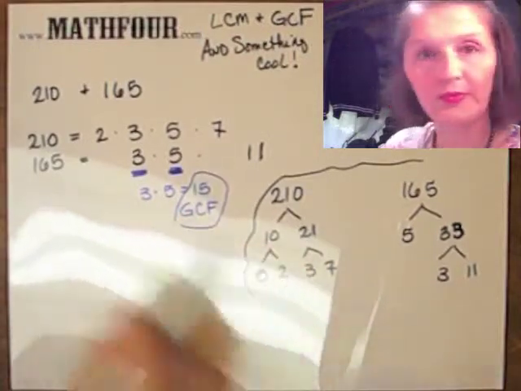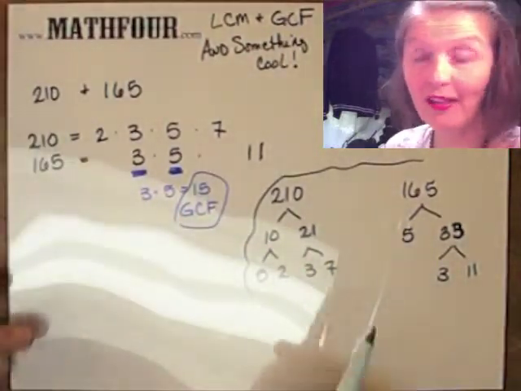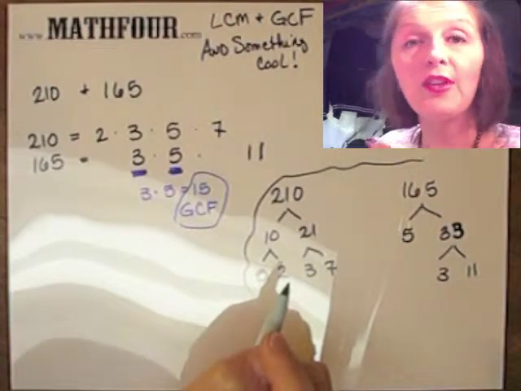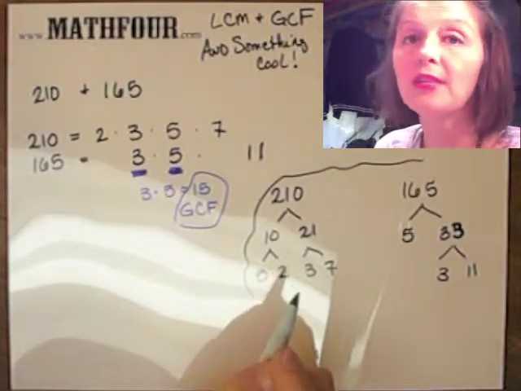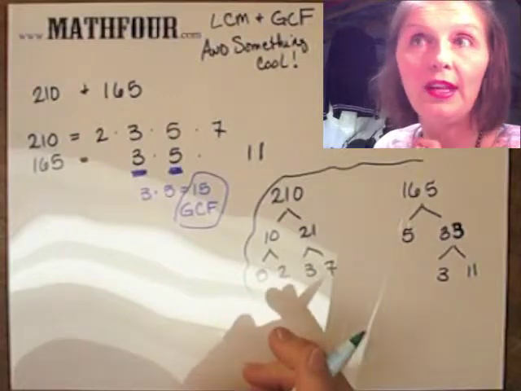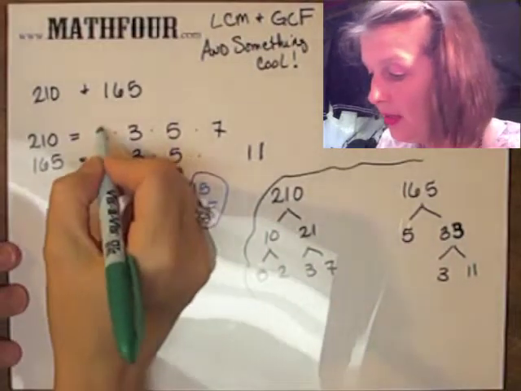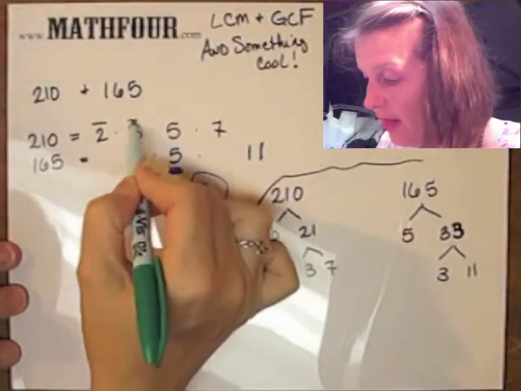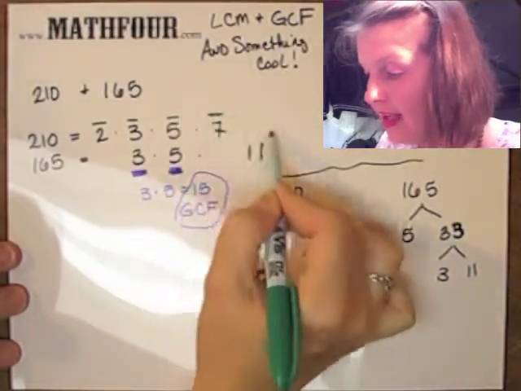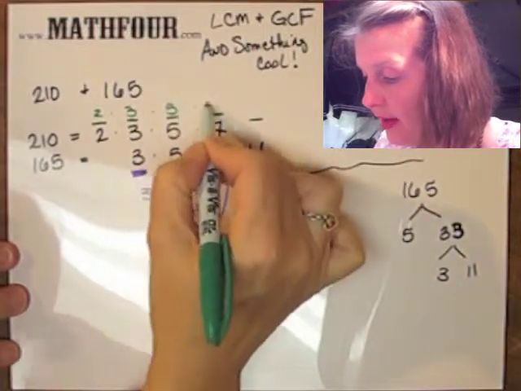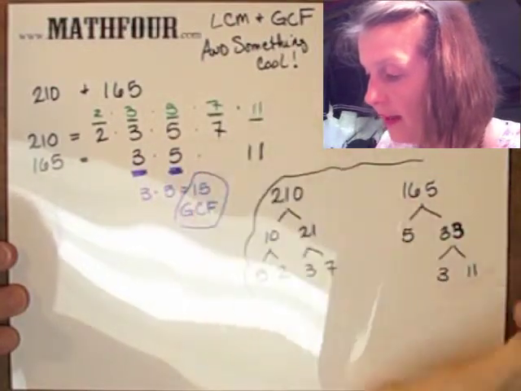And then for my least common multiple, I take everything. If they're in common, I take only one representation, and if they don't have a common one, I just make sure to grab one. So I have a 2, a 3, a 5, a 7, and an 11. 2, 3, 5, 7, and 11.